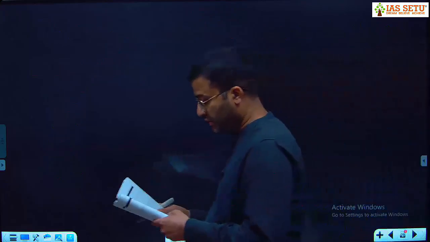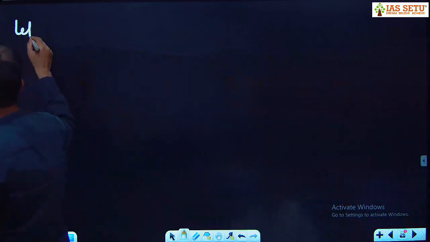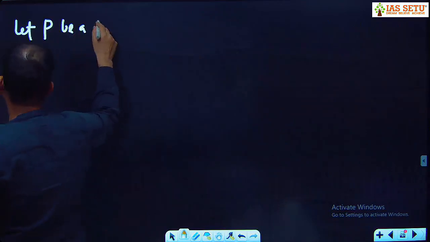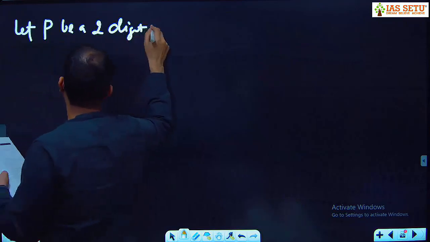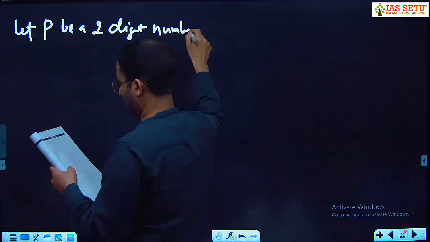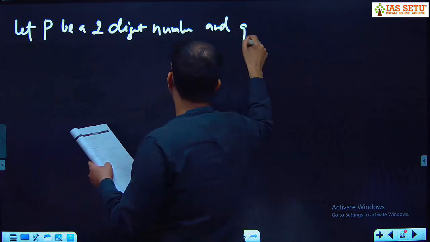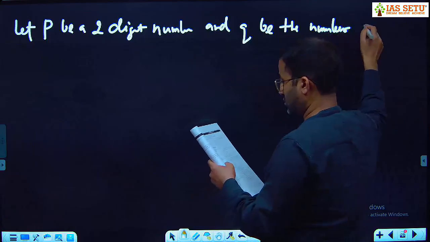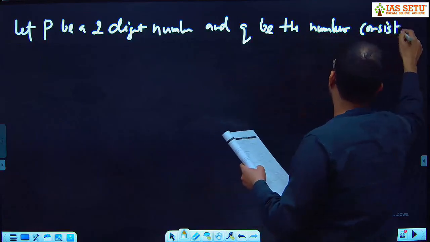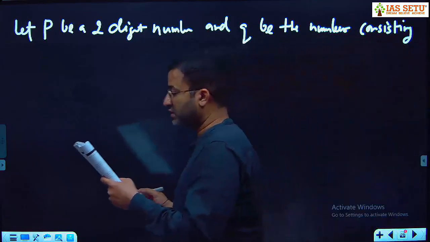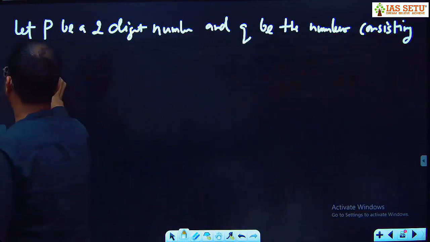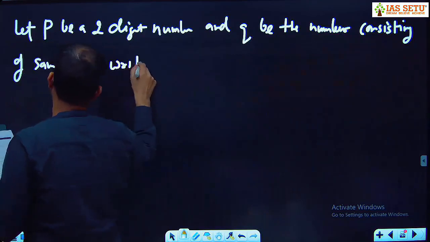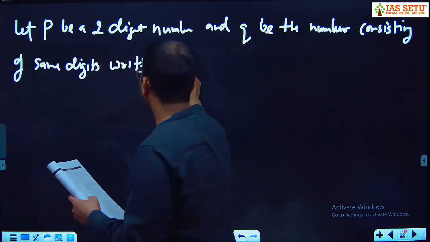Next question is, let P be a two-digit number and Q be the number consisting of same digit written in reverse order.